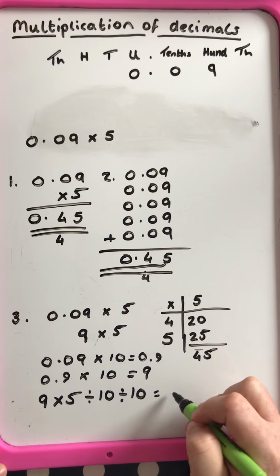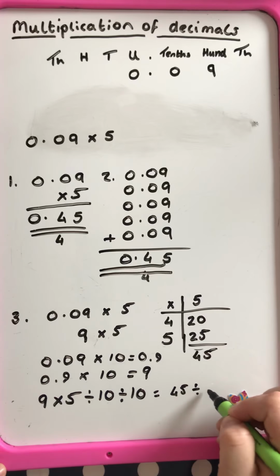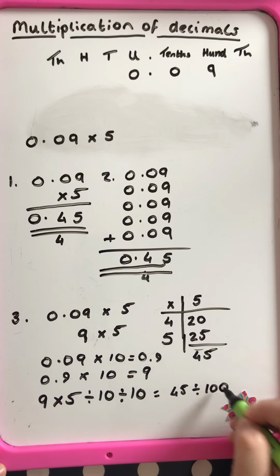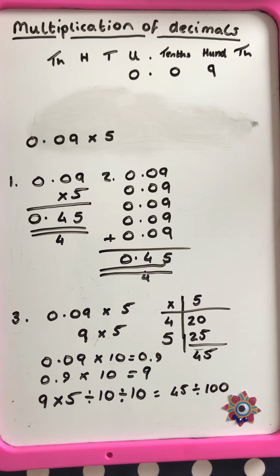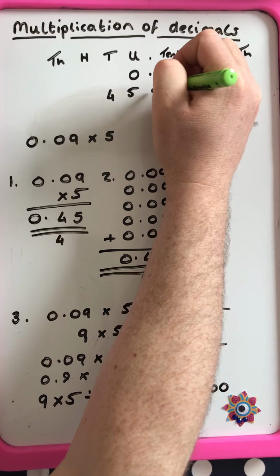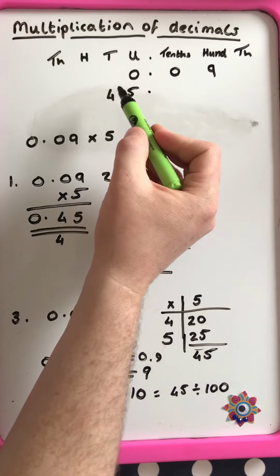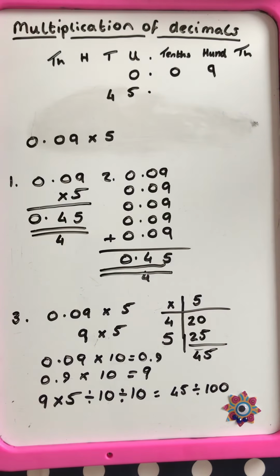So 45 divided by 100. Now if we go back up to our place value, 45 divided by 100. Now this decimal point stays in the same place. It never moves. If we divide tens by 10, we get ones.